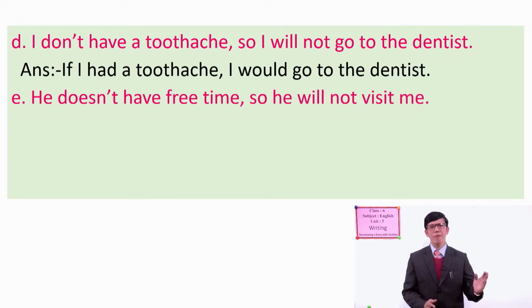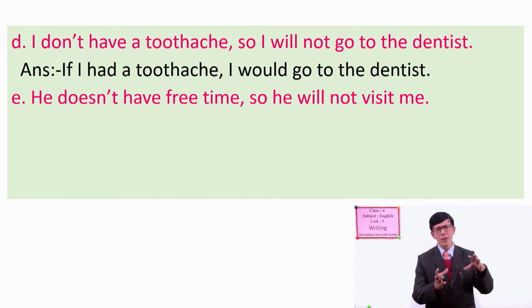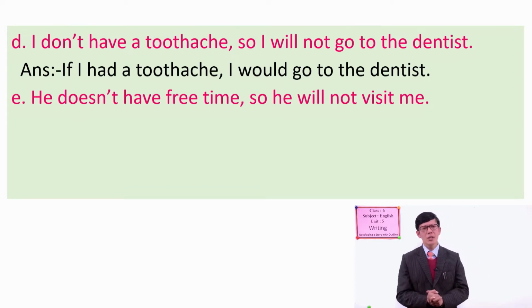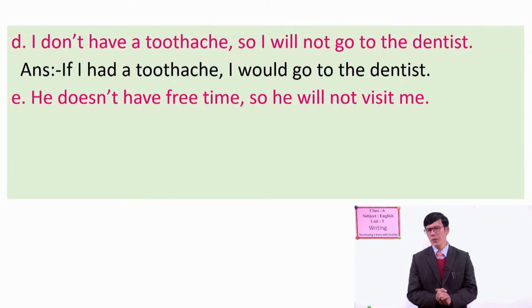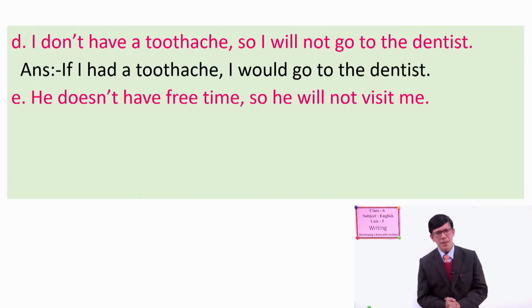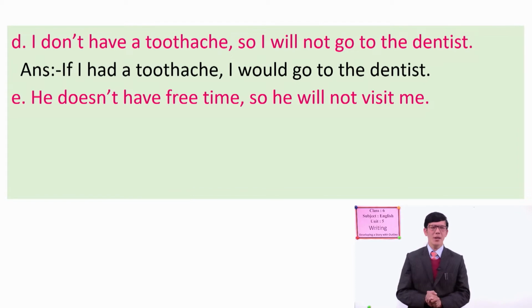He doesn't have free time, so he will not visit me. How do you change this one? In the if clause, there is he doesn't have free time. So if he, guess what? That have should be changed into verb 2. So you change that: if he had free time.